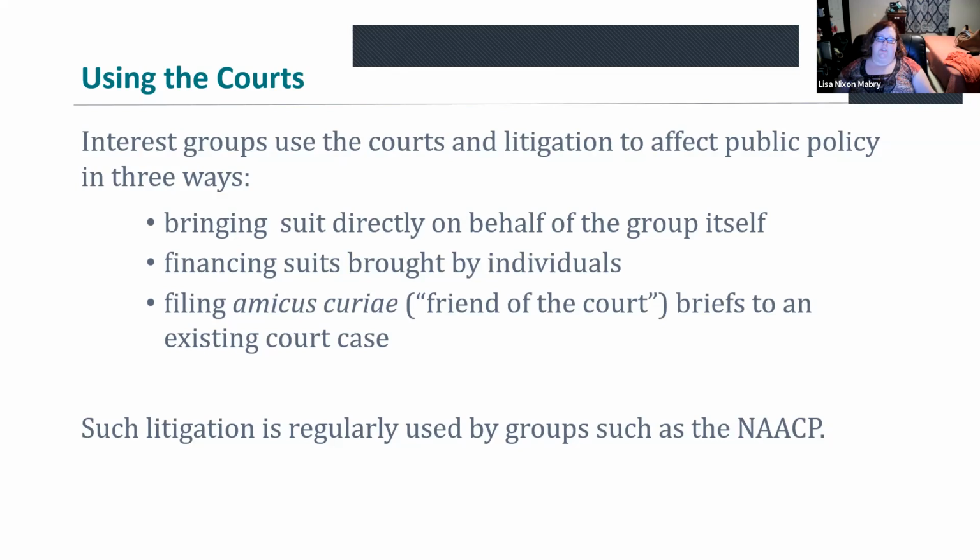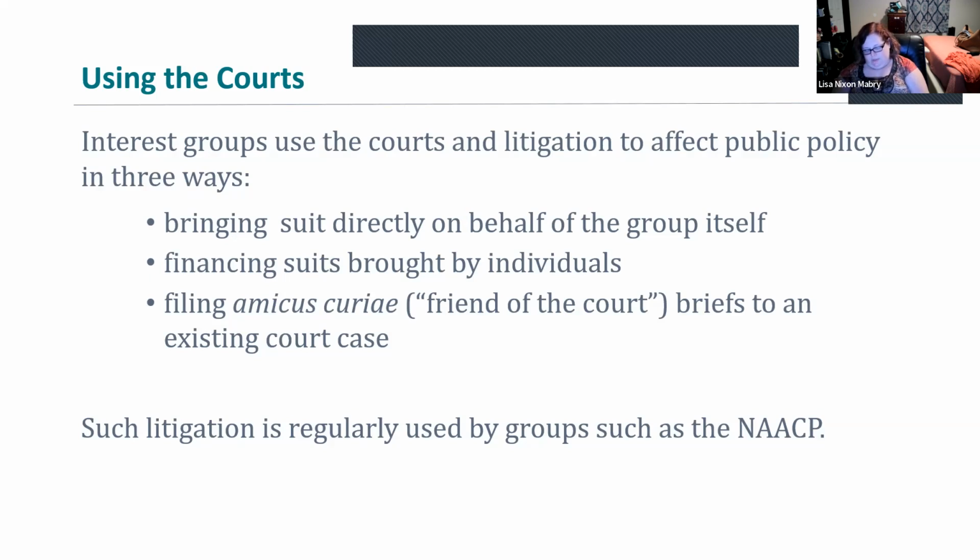And then another thing is filing an amicus curiae, which I don't think I ever say that right, which is a brief to an existing court case. That's Latin for friend of the court. So it's basically supporting a court case that might already be out and giving supplemental information to help with the case if it impacts what that interest group is about.